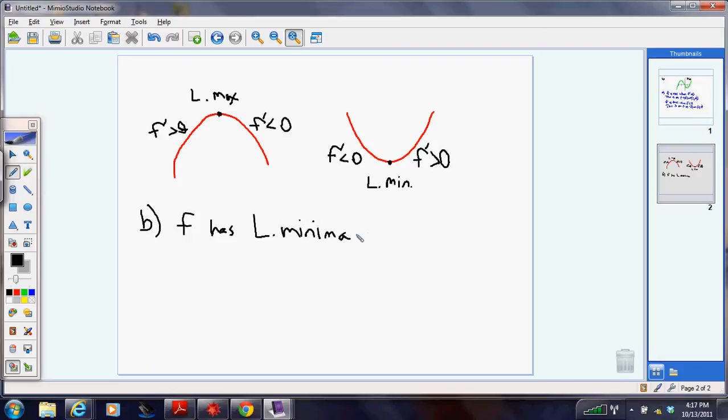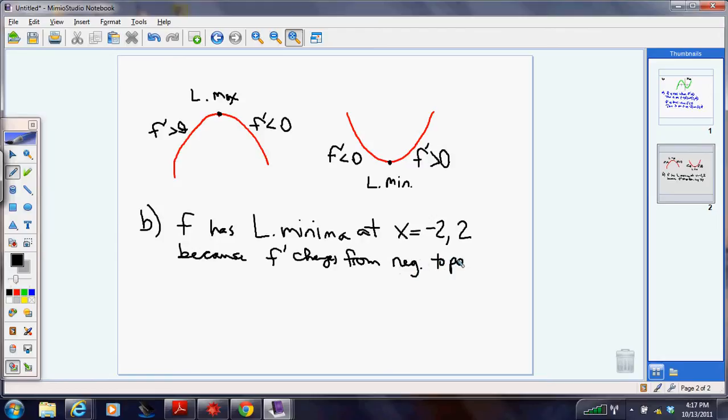So f has local minima at x equals negative 2 and positive 2 because f prime changes from negative to positive at these points.